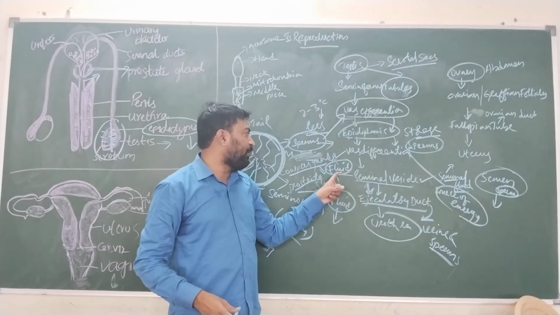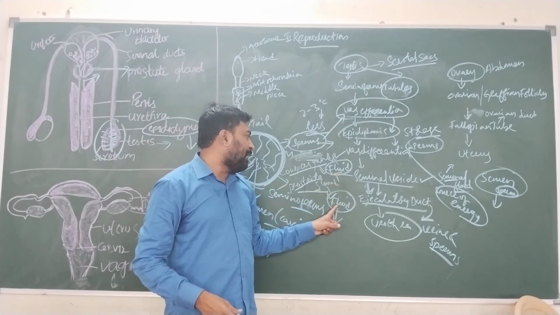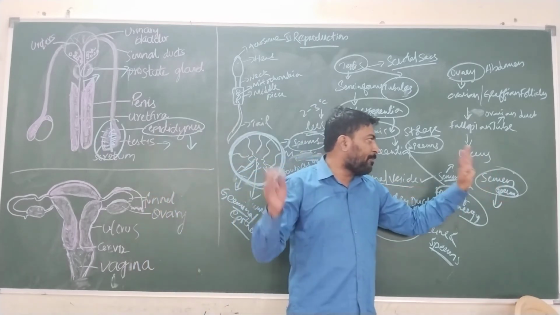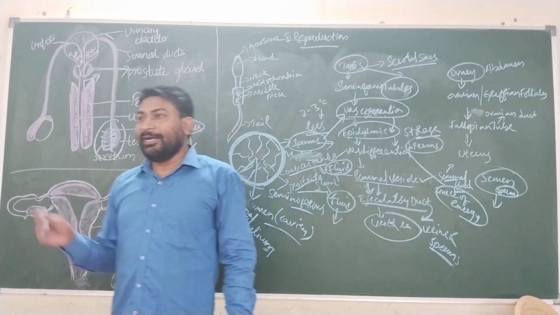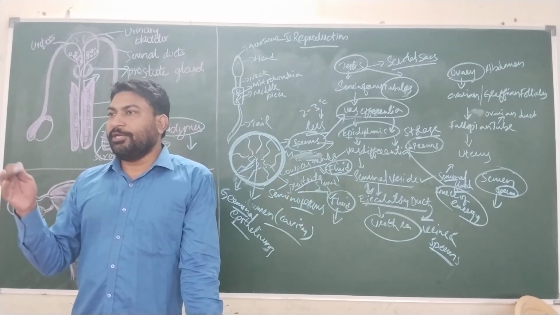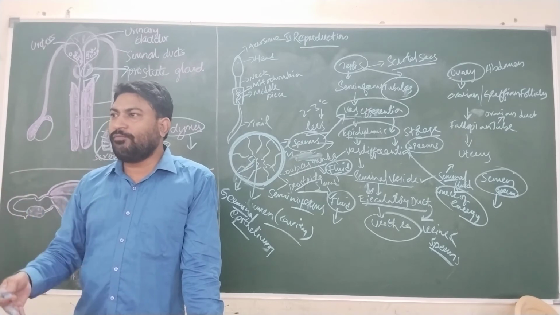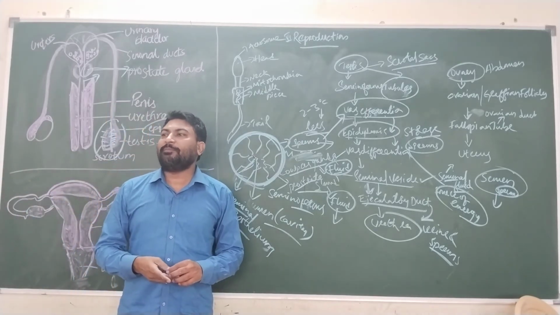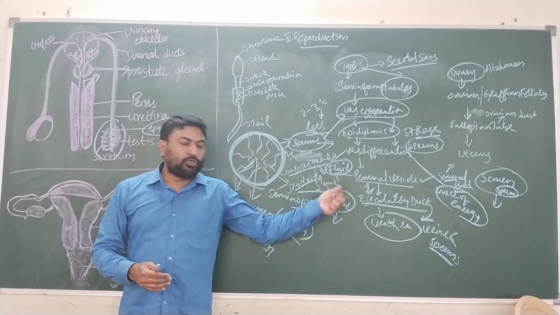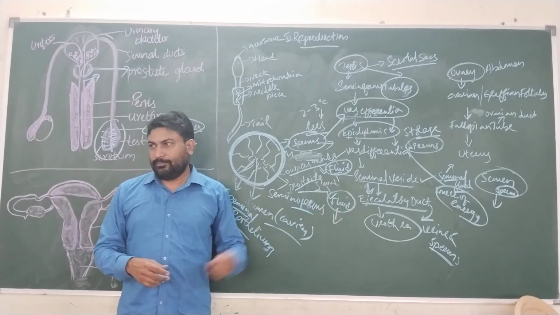These four parts together are semen, which consists of the nutrients required for the growth of sperm and acts as a medium to swim freely.